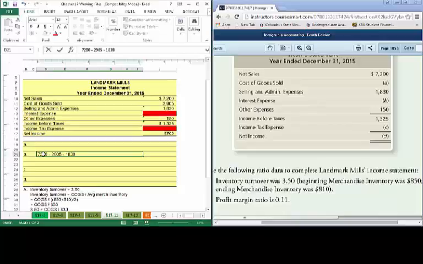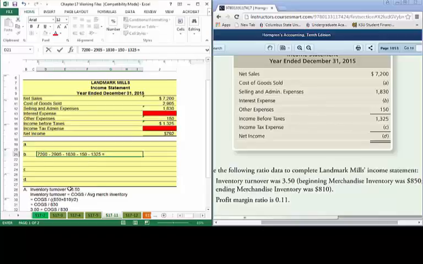And I'm looking for interest expense too, so I'm going to leave that out and do my other expenses of 150. I know after I take out interest expense, I want that to be equal to the 1,325. So I'm going to go ahead and take out the 1,325, the income before taxes, and get my answer. And that's going to be what my interest expense should be.